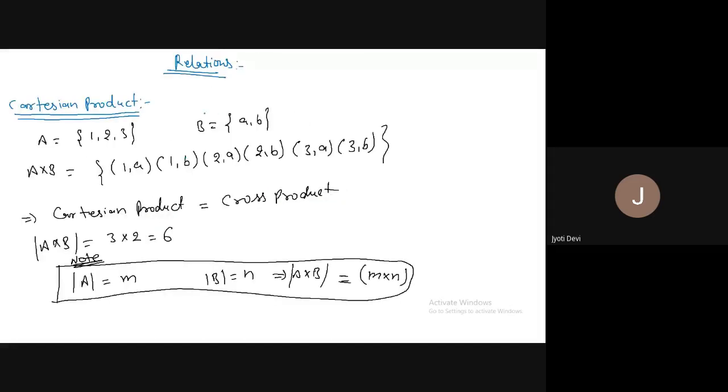Before moving to relation, I want to first tell you about the Cartesian product. Then I will move to the relation. Cartesian product is nothing else but the cross product between two sets.